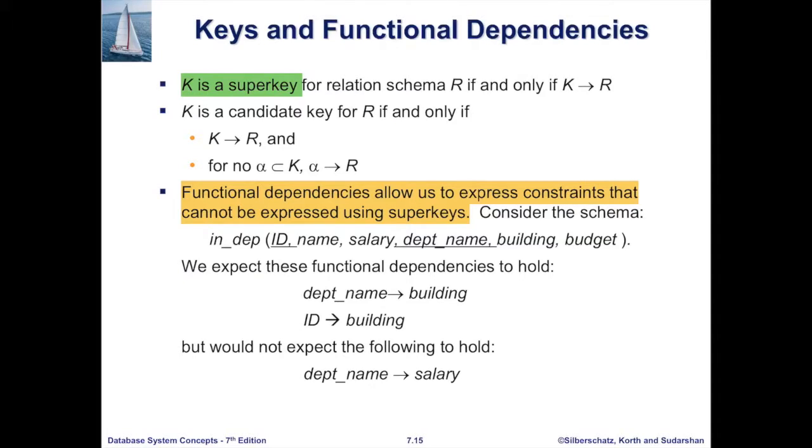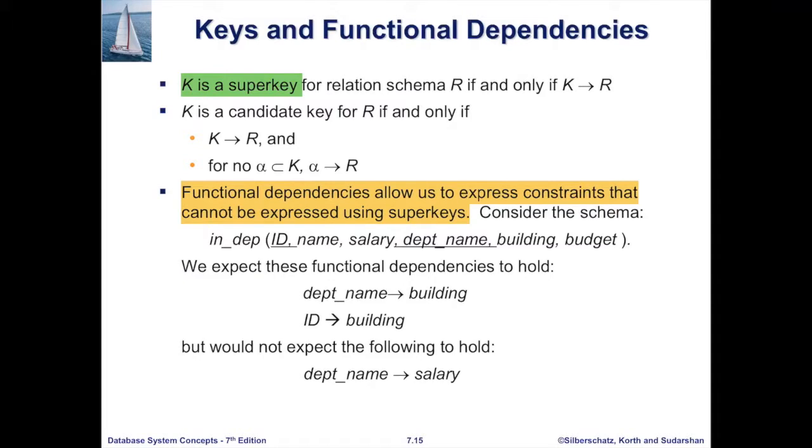So there is a non-trivial but very close relationship between the idea of keys and functional dependencies. In fact, if K is a superkey for a particular relation, so again, what is a superkey? A superkey is a subset of attributes of R such that it uniquely identifies a particular record.